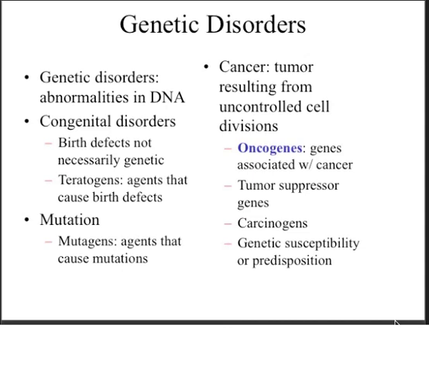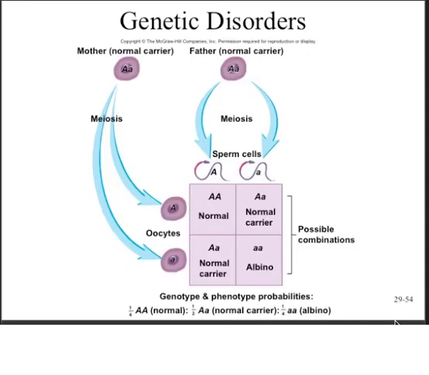So one of the mistakes I think that's often made in the discussion of cancer is to consider cancer a disease when it's actually more aptly put as a symptom. The symptom is uncontrolled cell division. The cause can be any of a number of different origins. And so once we're able to deal with the cause of uncontrolled cell growth, we can then begin to figure out how to control uncontrolled cell growth.